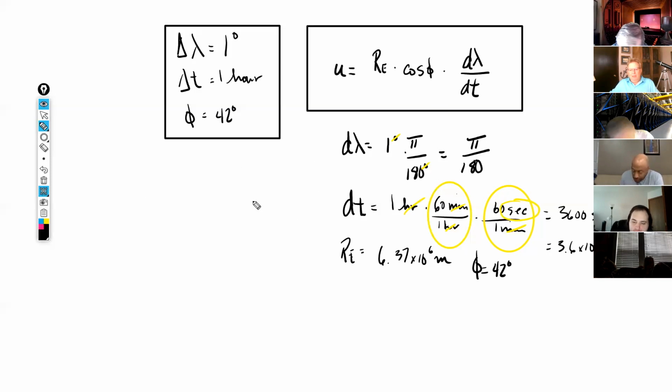So now, there's my problem. Then I go U equals RE cosine phi times d lambda dt.